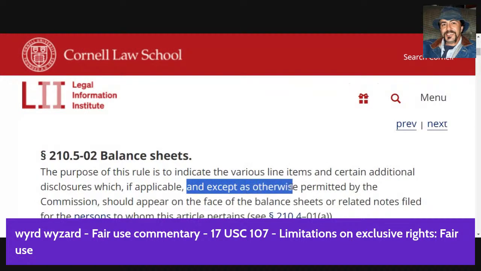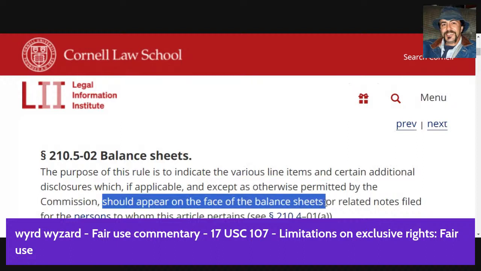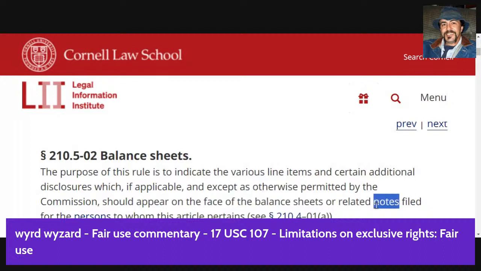And except as otherwise permitted by the commission, should appear on the face of the balance sheets or related notes. Notes filed for the person to whom the article pertains. So somebody filed notes. It's a promise if it's a note. So somebody filed promises for the person to whom this article pertains.